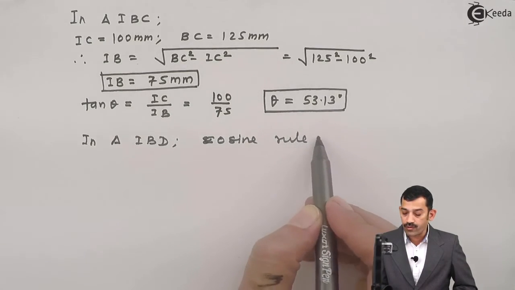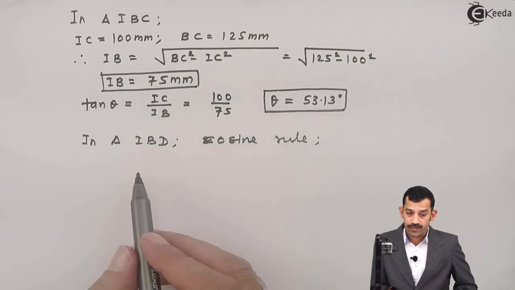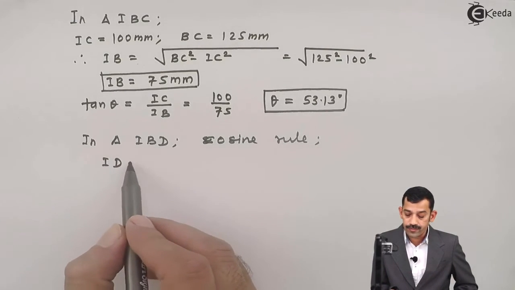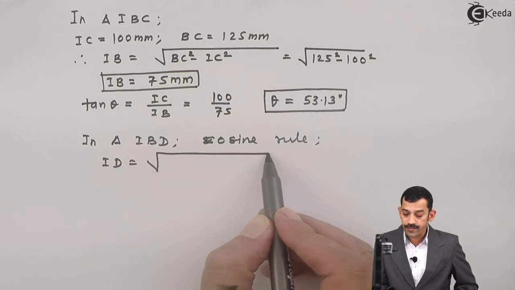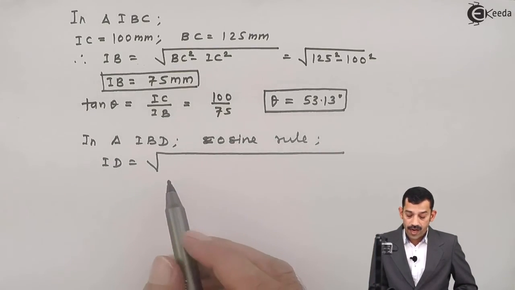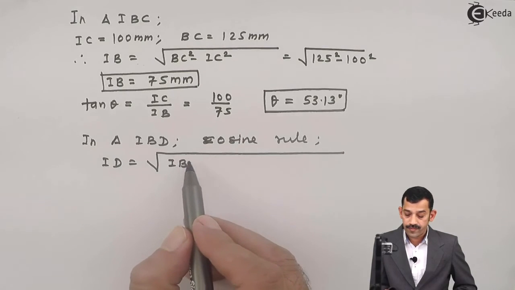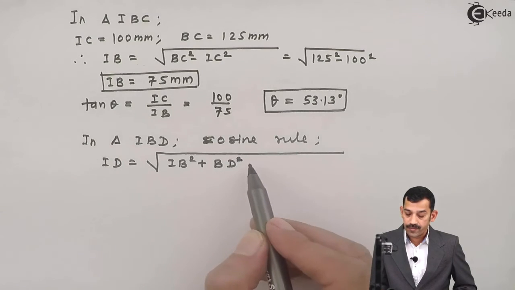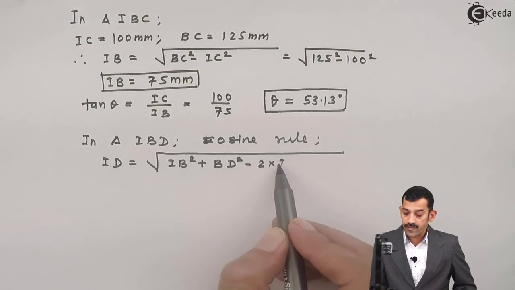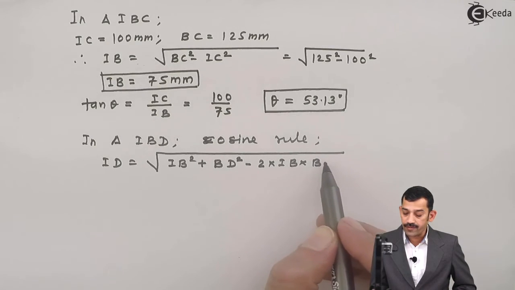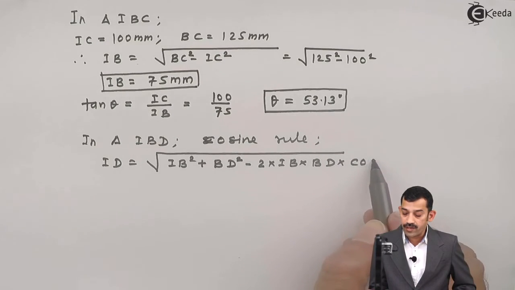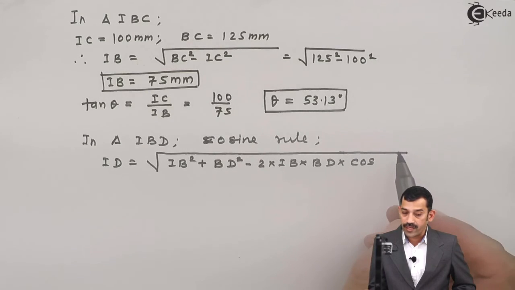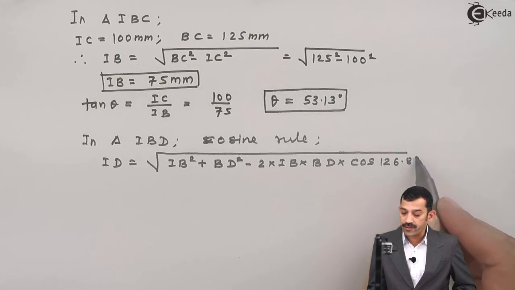Now using cosine rule, length ID equals the square root of IB square plus BD square minus 2 times IB into BD into cosine of the angle you have calculated between the two lines, 126.87.